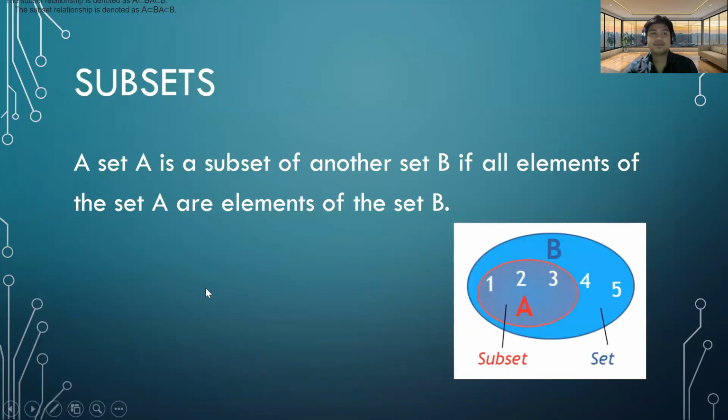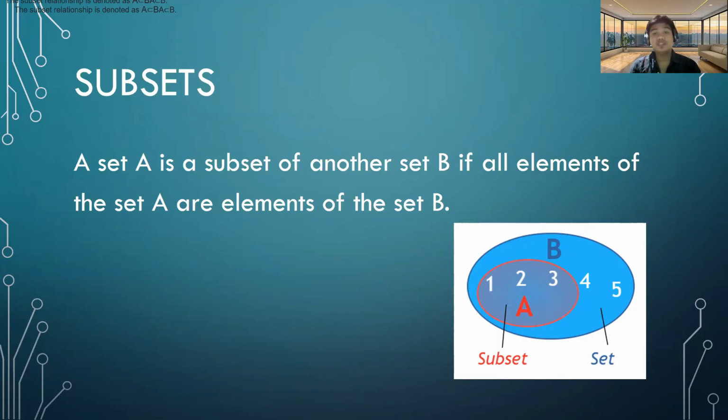Okay, next. We have subsets. When we say subsets, a set A is a subset of another set B if all elements of set A are elements of set B. As you can see in our figure, this is what subsets mean.